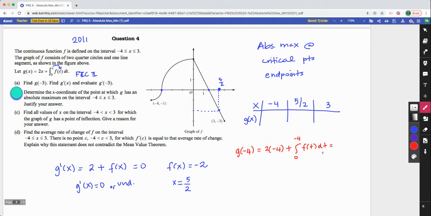Remember, to evaluate a definite integral using the graph of the function is just finding the area between the curve and the x-axis. So to be able to find this, I just need to check the area between 0 and -4. So right here, this one, and this one here.